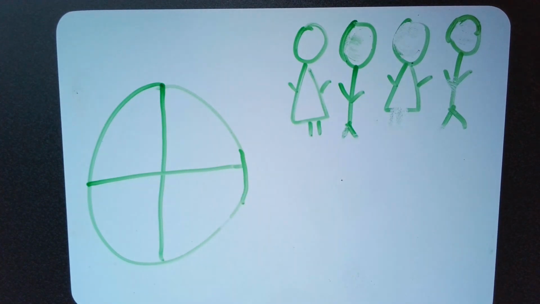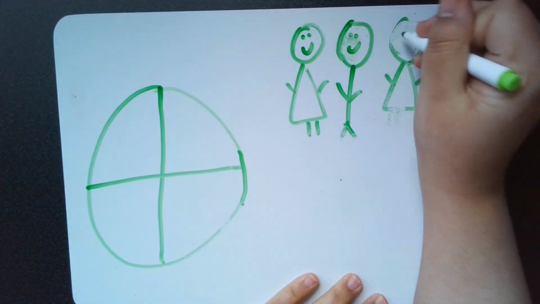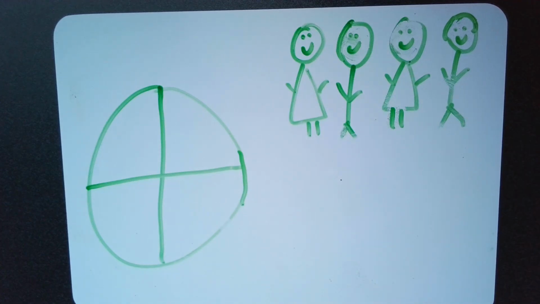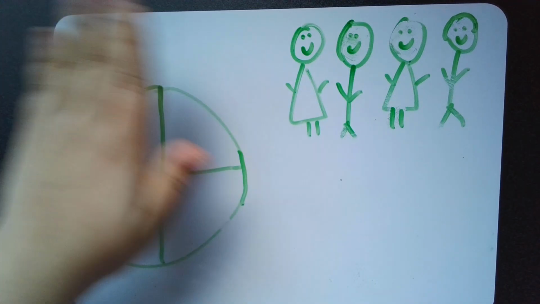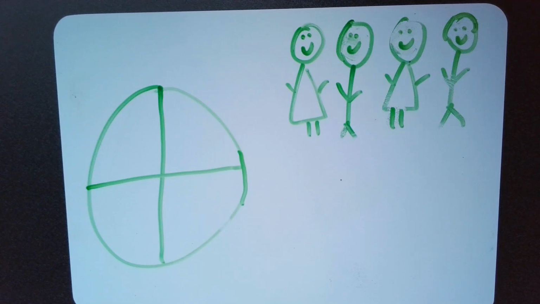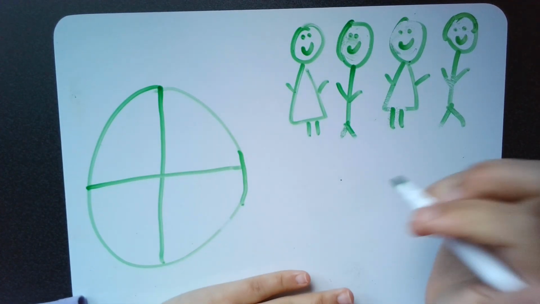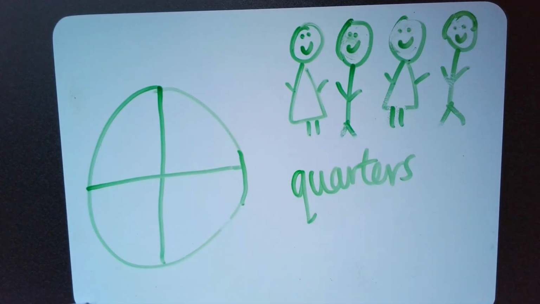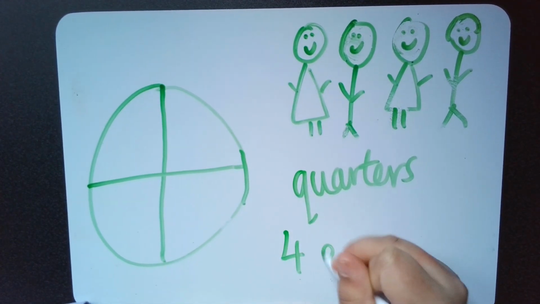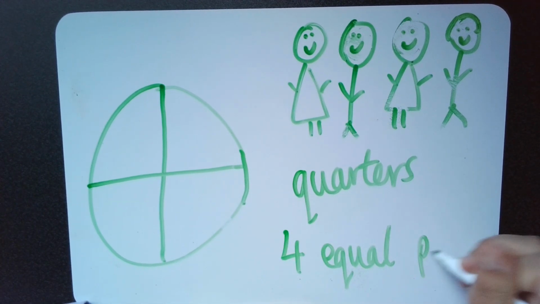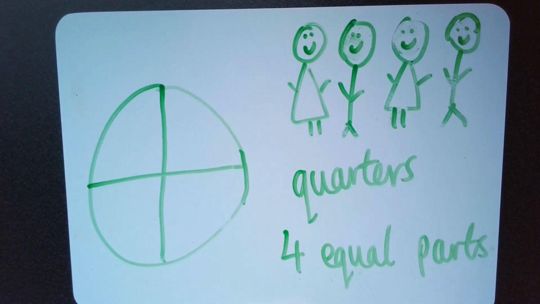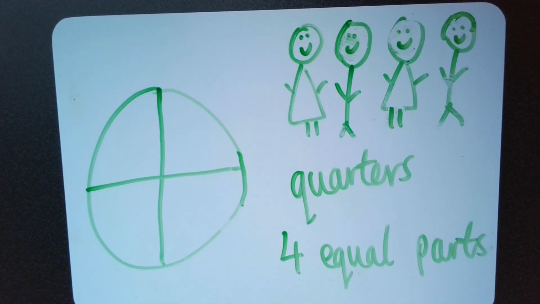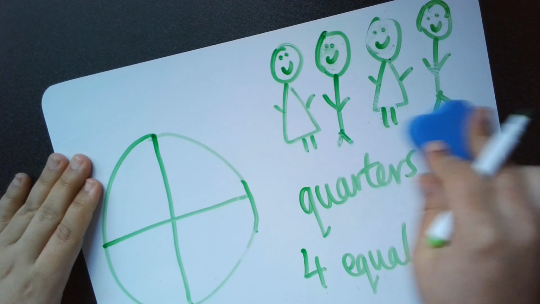And 1, 2, 3, 4 happy people. If we've got one whole and we're dividing it into 4 equal parts, we can say that we've divided it into quarters. That's when we've got 4 equal parts. We've divided it into quarters. Great.